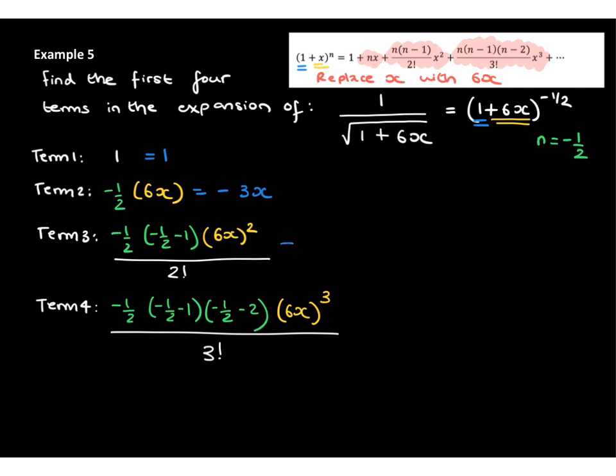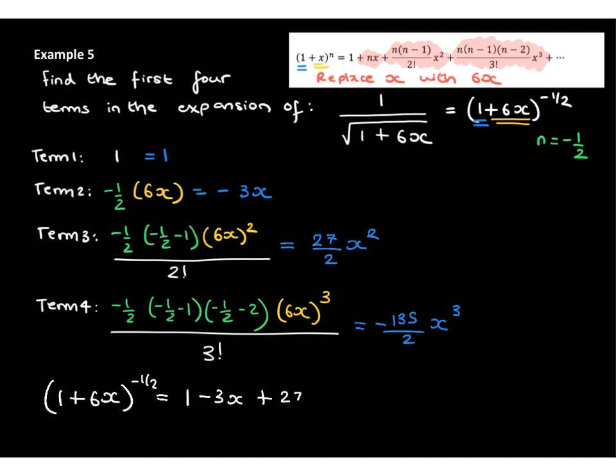Our next term, 27 over 2x squared, and our last term, negative 135 over 2x cubed. Now, let's write out our expansion so we can see it clearly. And it's equal to 1 minus 3x plus 27 over 2x squared minus 135 over 2x cubed, dot, dot, dot.